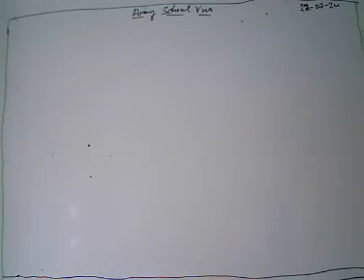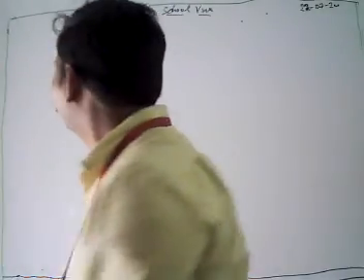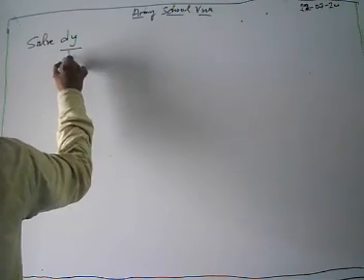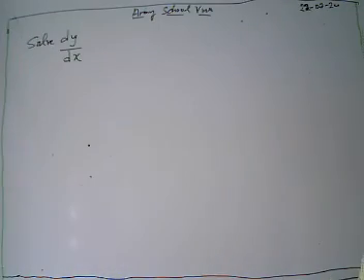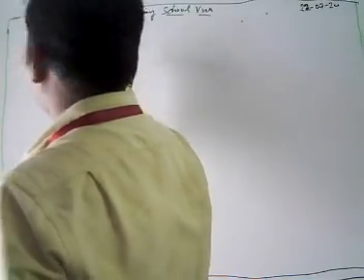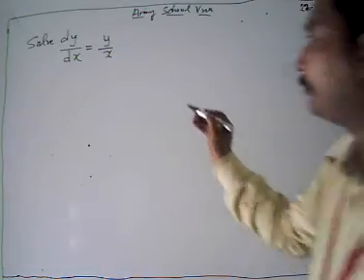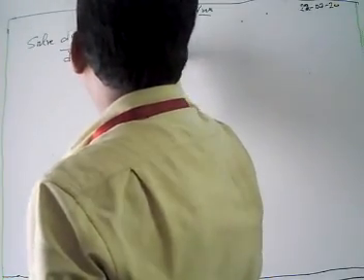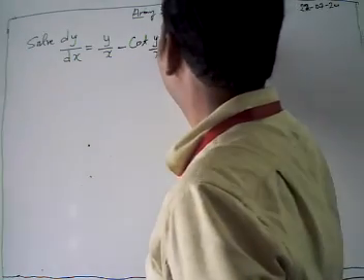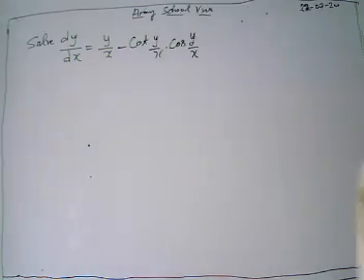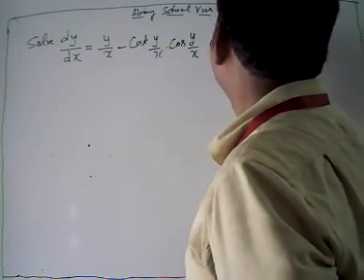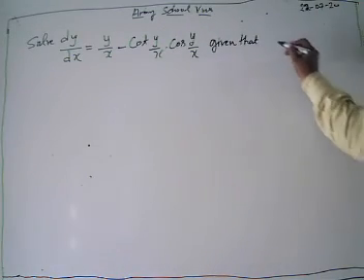Now look, our first problem is we have to solve dy/dx equals y/x minus cot(y/x) into cos(y/x), given that y is equal to 5 by 4.